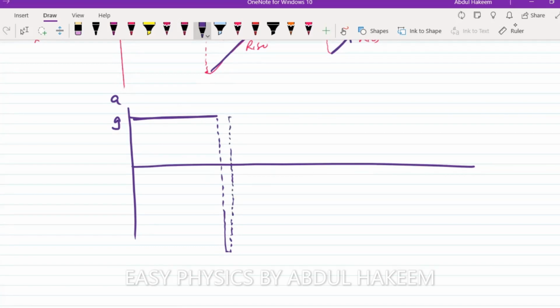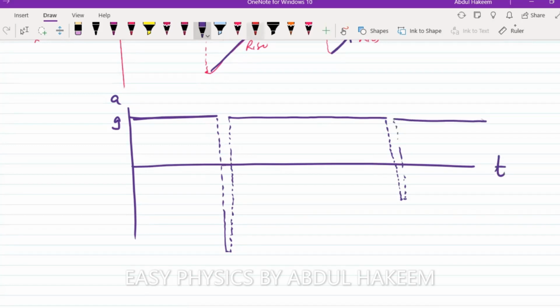But after leaving the ground, it has g again. Then the second time it hits the ground, the change of velocity is smaller than the previous, so small retardation. And then it leaves the ground. It moves up. So this is the acceleration.